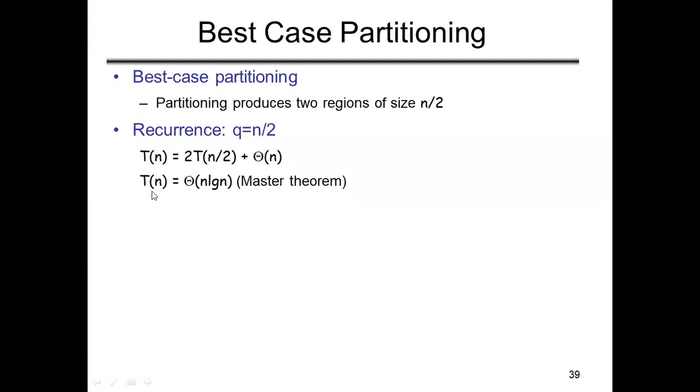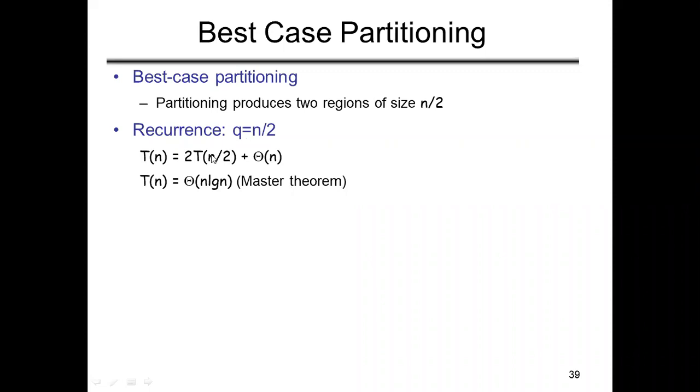So T of n is equal to theta of n log n according to the master theorem. So the complexity of this one is theta of n log n. Since we are dividing into 2 halves, n by 2 and n by 2, so 2T of n by 2.